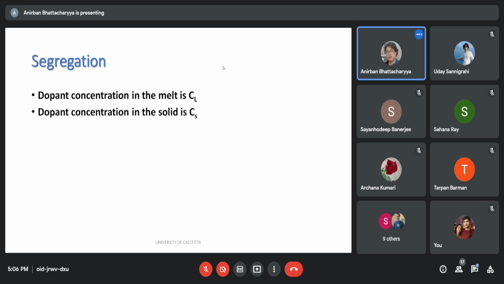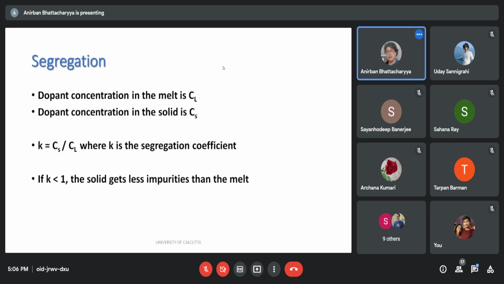Now K, which is the ratio Cs by Cl, is called the segregation coefficient. If it is less than 1, then the solid gets less impurity than the melt. If it is more than 1, then it gets more. Okay?